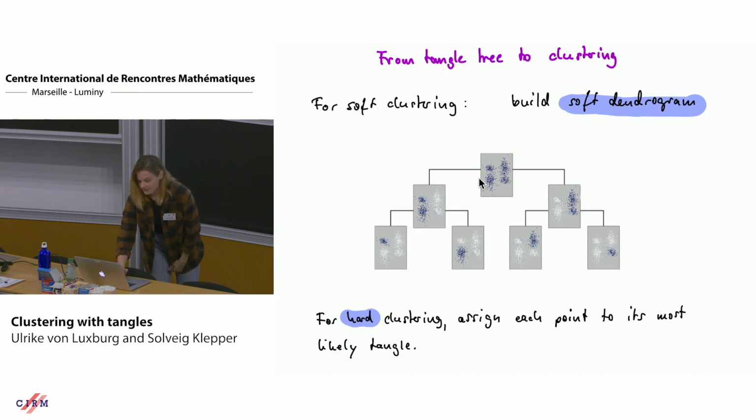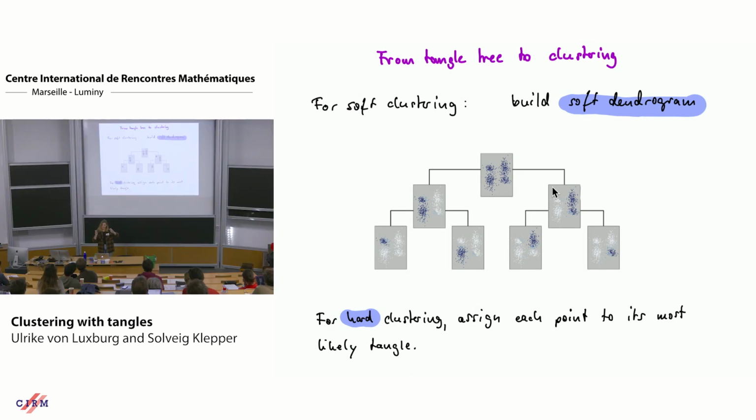This is the root, all nodes belong to the root, and then we calculate for all the important nodes in our tree the likelihood that it belongs to the cluster corresponding to the tangle. I'm not sure how well you can see that there are some areas that are a little lighter down here, or probably here.